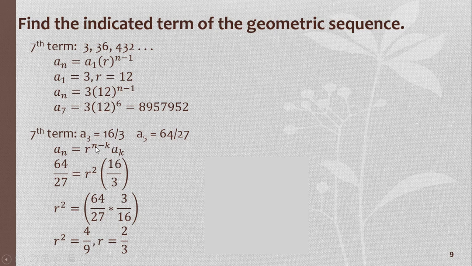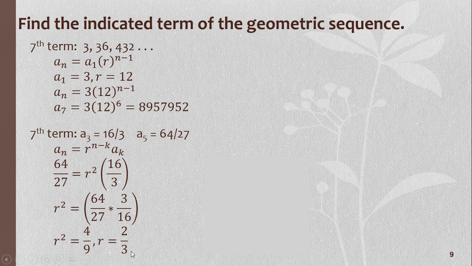My r to the 5 minus 3 power is r squared. So now I have to figure out what r is equal to. So doing a little bit of math here, r squared is equal to 64 over 27 times 3/16, because I'm going to cross multiply here. That tells me that r squared is equal to 4/9, or r is equal to 2/3.